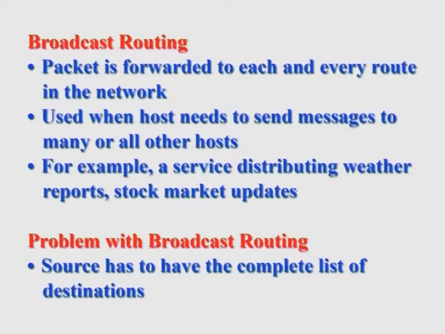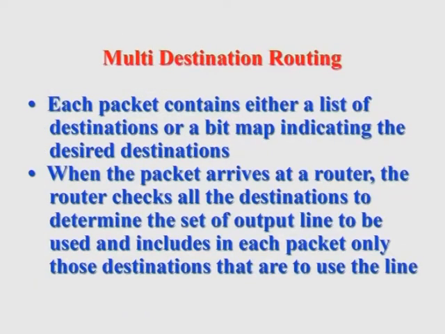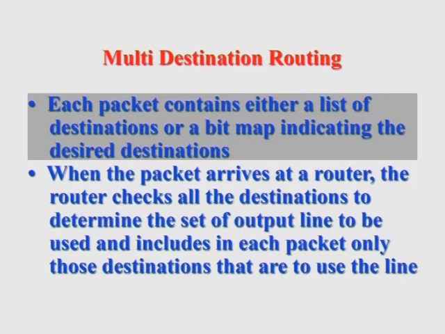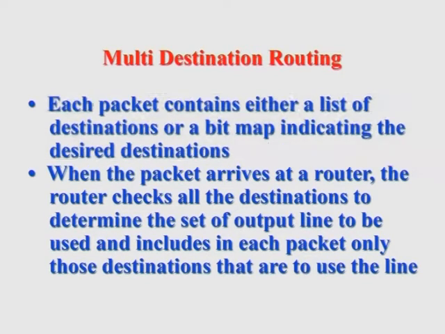Another option is flooding. As discussed before, it generates too many packets and consumes too much bandwidth. In another algorithm used for broadcasting, known as multi-destination routing, each packet contains either a list of destinations or a bitmap indicating the desired destinations.